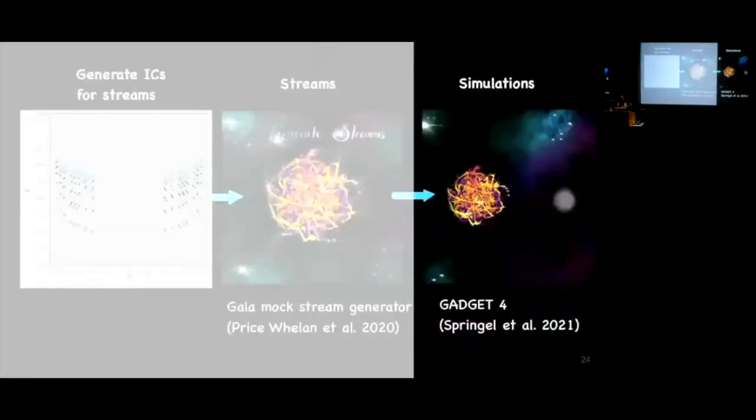We locate them around the major parent halo, which is about the size of the Milky Way, and we let another satellite galaxy that's 1/5 the size of the Milky Way merge in a simulation.